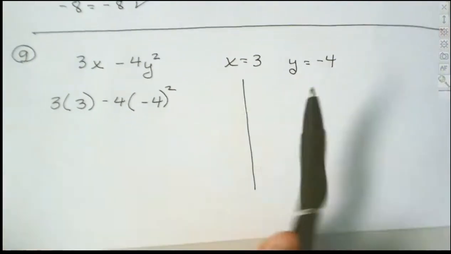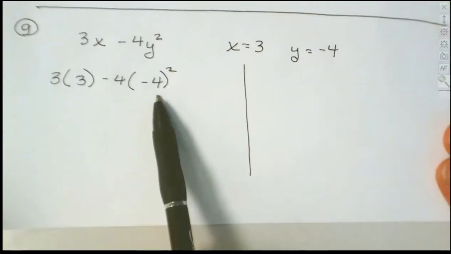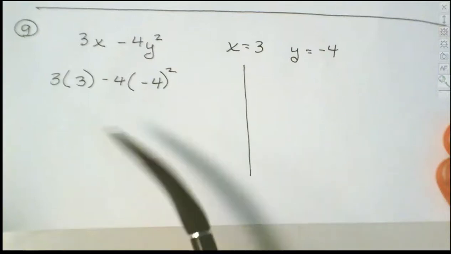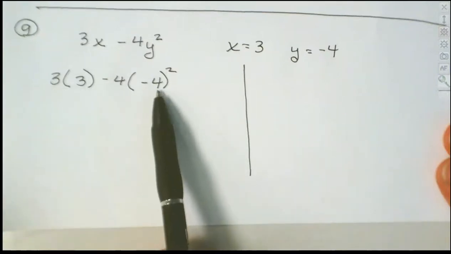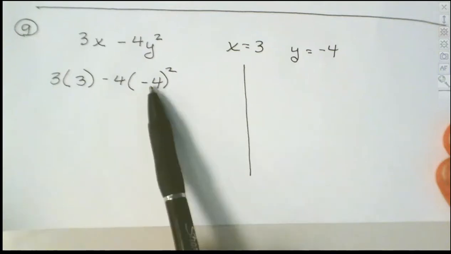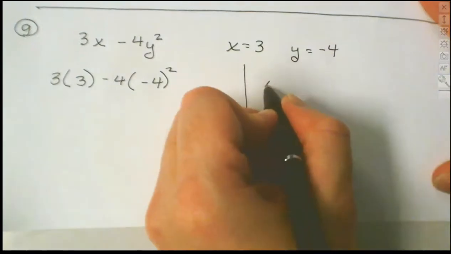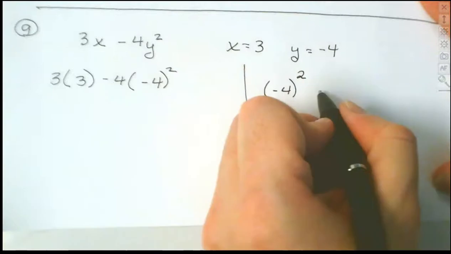Now notice when I plugged in that y equals a negative 4, notice I put parentheses around it, right? Okay. Now, order of operations says before we multiply, what do we do first? Parentheses and exponents after that. So we need to work with this exponent here. And so what we've got is minus 4 squared with the parentheses.